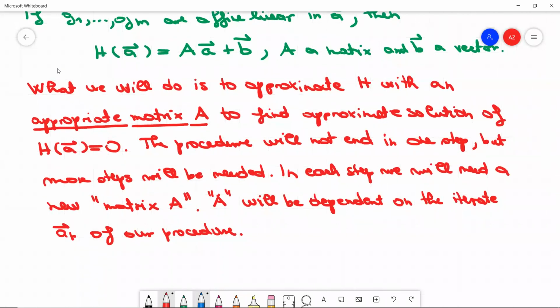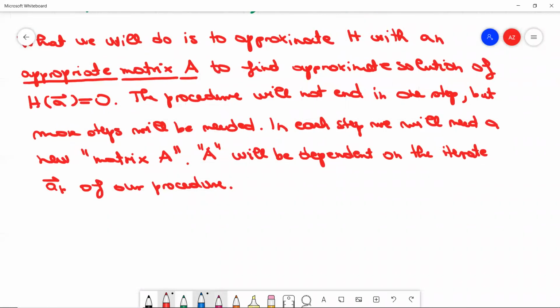Let's look at the simple case where we have one equation and only one unknown. So let's look at the special case of this procedure. Special case. And this will give us an idea to generalize to higher dimensions.